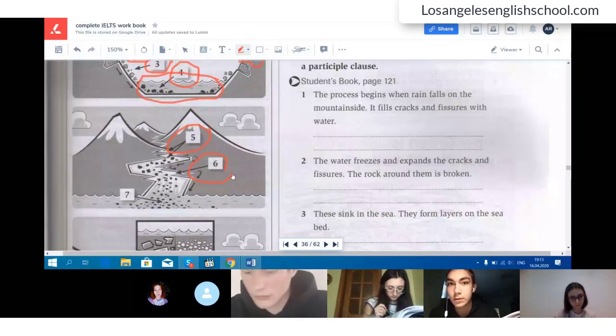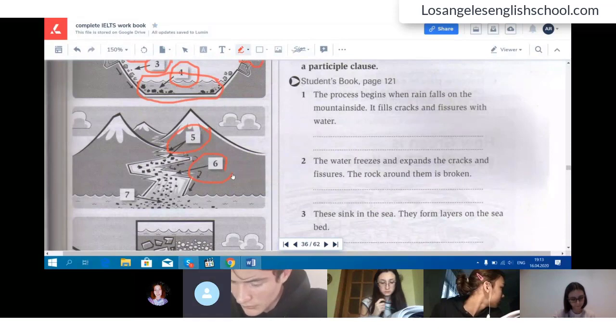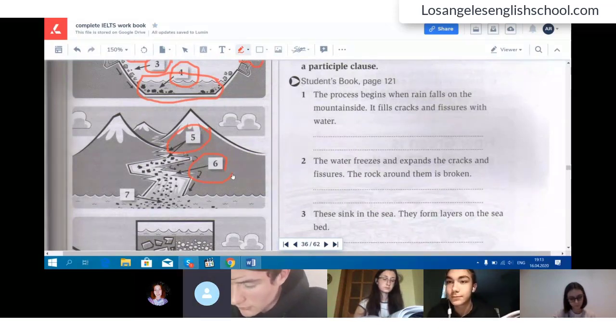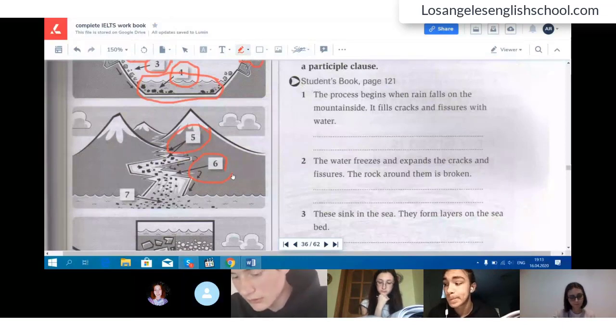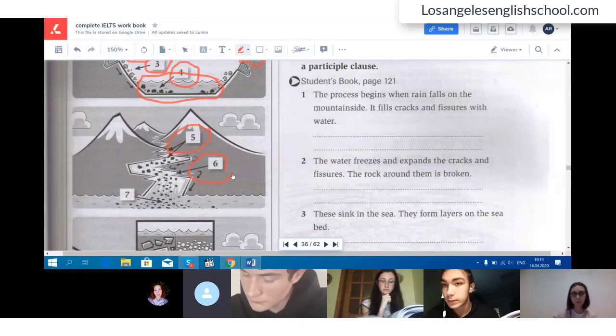I think it's B. Can you read it? Rocks and stones erode to become pebbles. Can you read it again? Pebbles and sand grains. So pebbles, these are little stones.